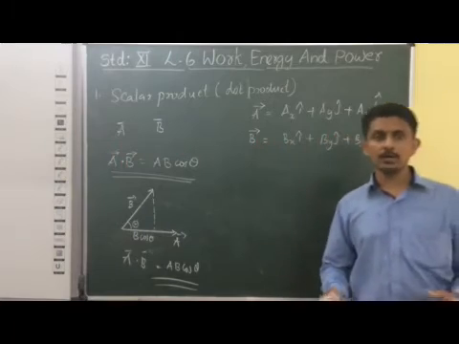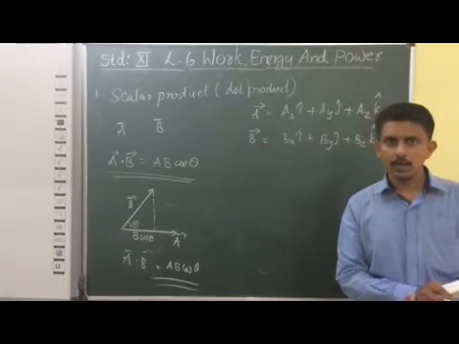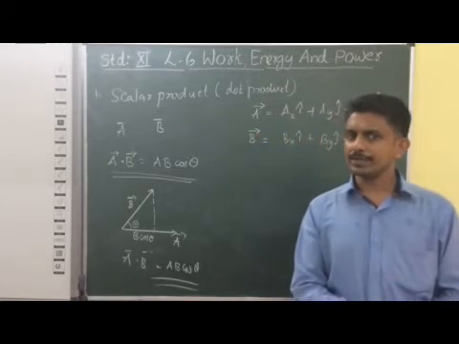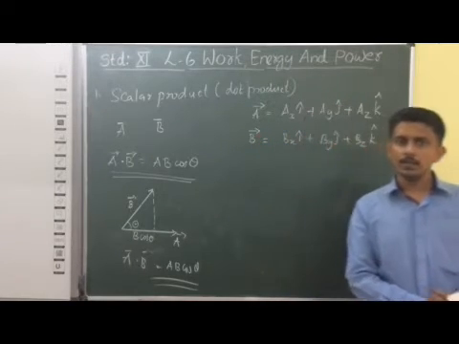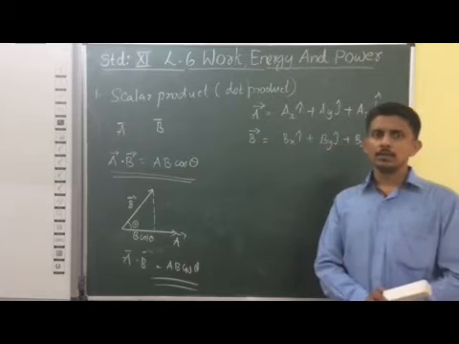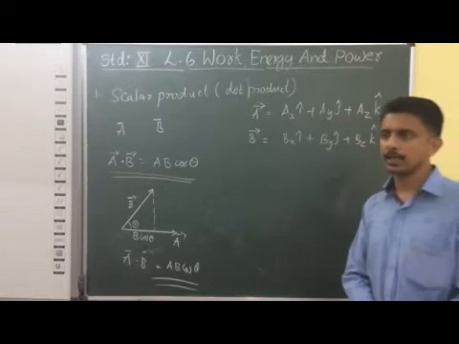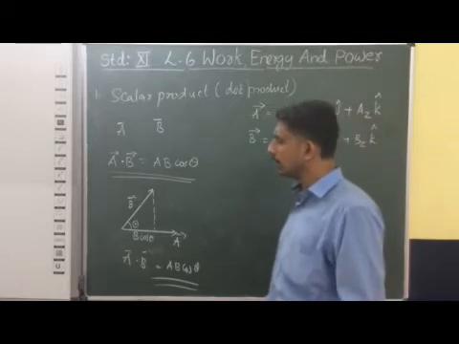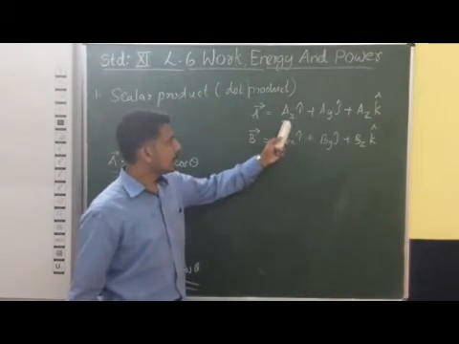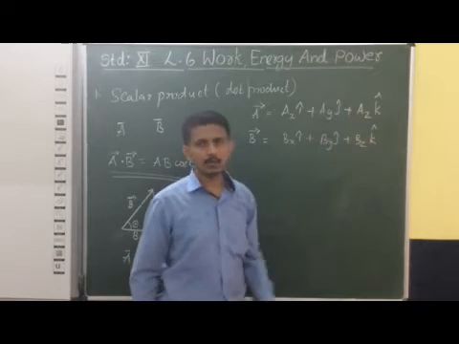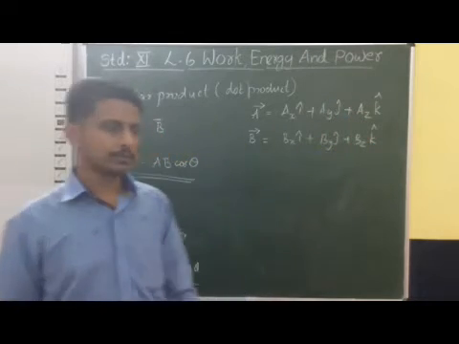A vector with unit magnitude, in the same direction as a given vector, is known as a unit vector. There are three unit vectors i, j and k, where i is along the x-axis, j is along the y-axis and k is along the z-axis.